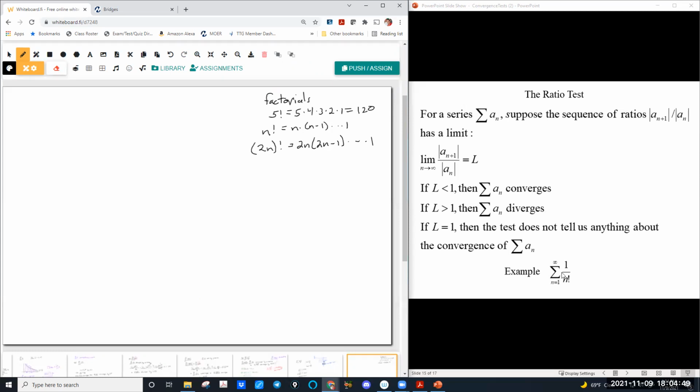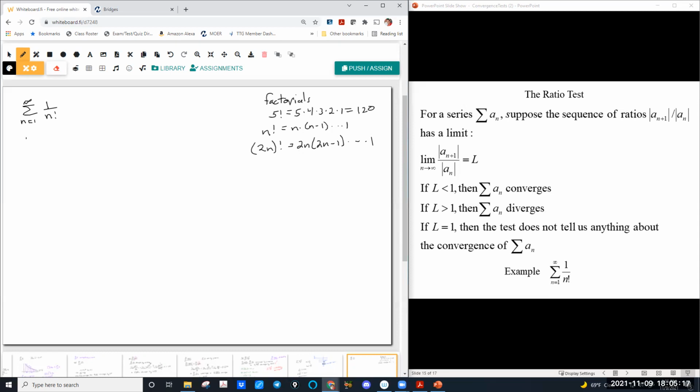So let's talk about how the ratio test works. We'll do it with a basic example, then pick it up a notch. So 1 over n factorial. Here's how you do the ratio test. First, you have to identify that the ratio test is what you want to use. If you see a factorial, you're pretty much for sure going to use the ratio test.